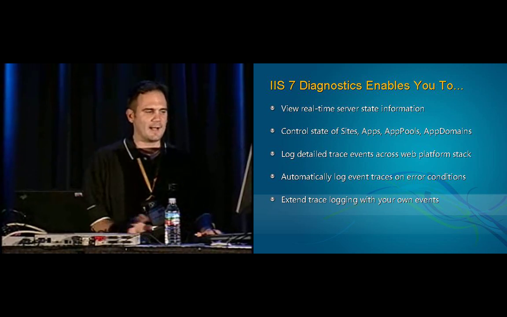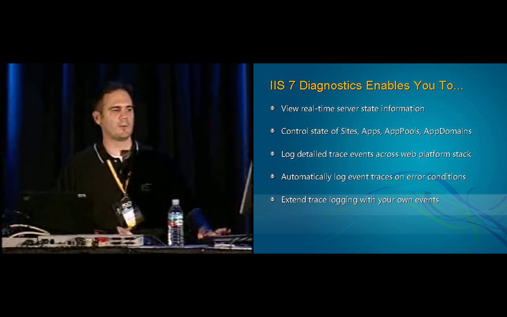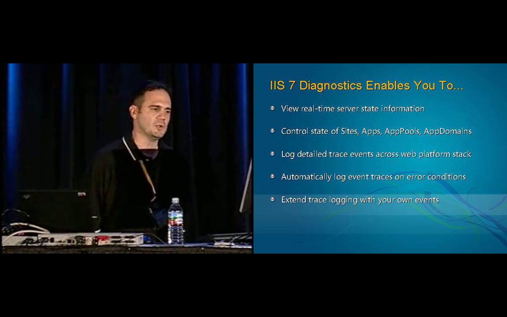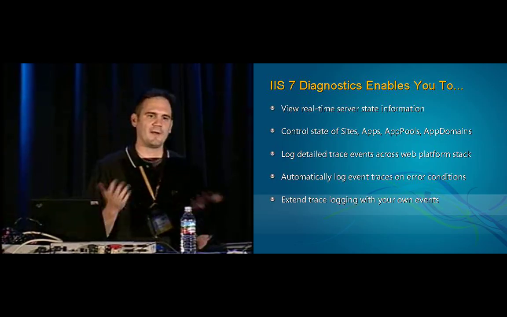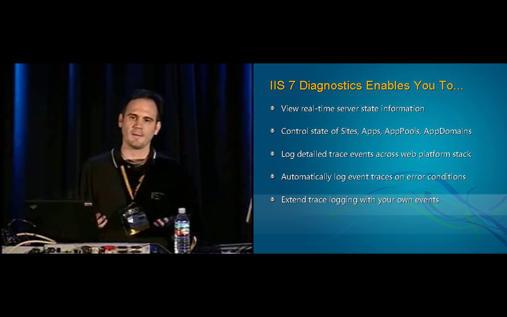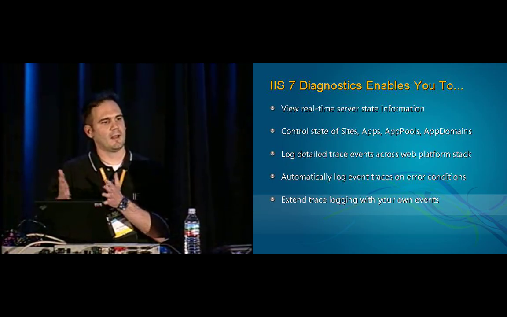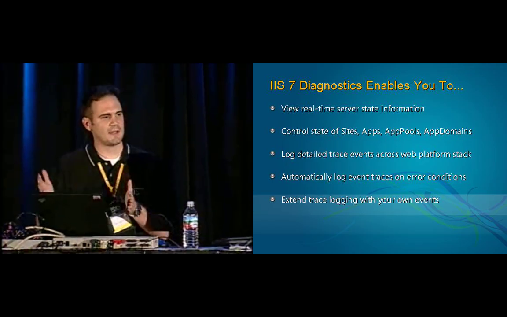We're not only making it possible to log these detailed trace events, but we're making it automatic. So you can go into IIS now, you can say, hey, I'm seeing server 500 errors for this particular page or this particular set of pages.